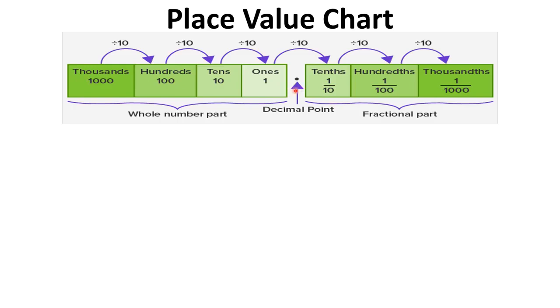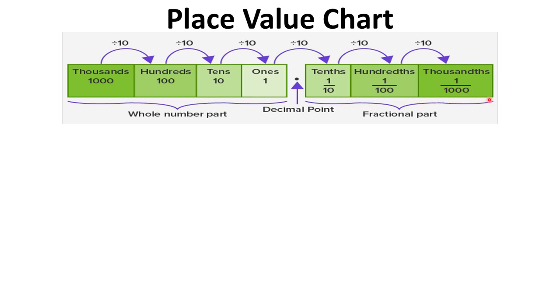Then to separate it, we write down here a decimal, that is a small dot, which is known as the decimal point, and the first place after the decimal point is the tenth place, that is 1 upon 10. After that the hundredth place 1 upon 100, or the thousandth place 1 upon 1000. These are known as the fractional part or decimal part.